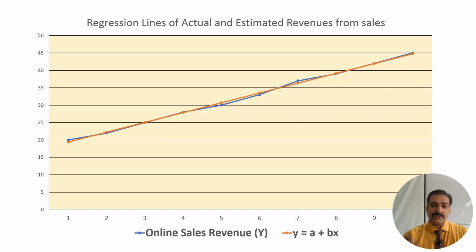The rate of sales is increasing because of the expenses on digital marketing ads. I hope that this case study and this video will help you to understand regression analysis in a better way.